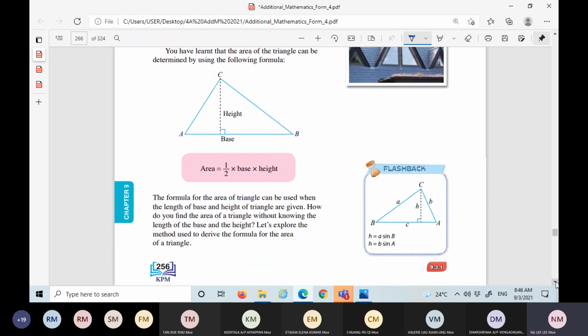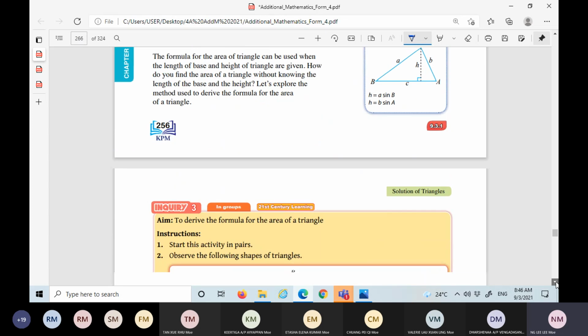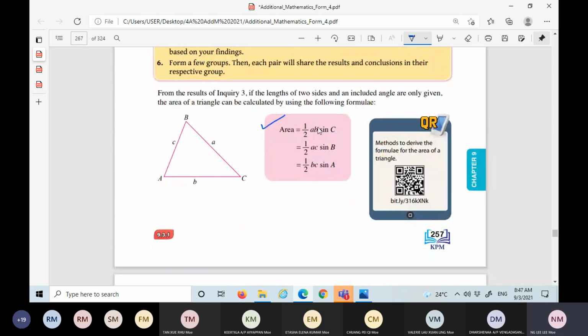Okay, so first of all, for this chapter, solution of triangle, for the area of triangles you are using this formula. If the question gives you two lengths and the included angle, then you use this formula.